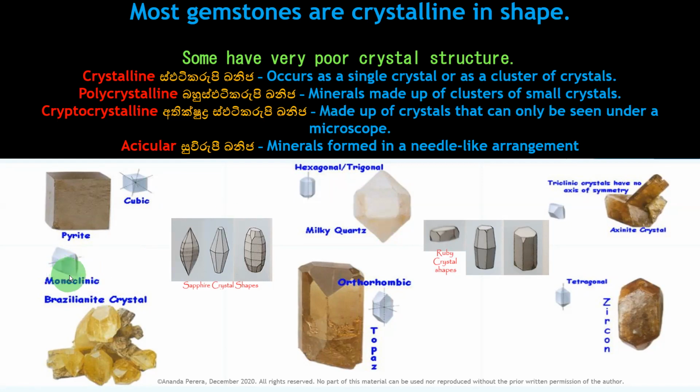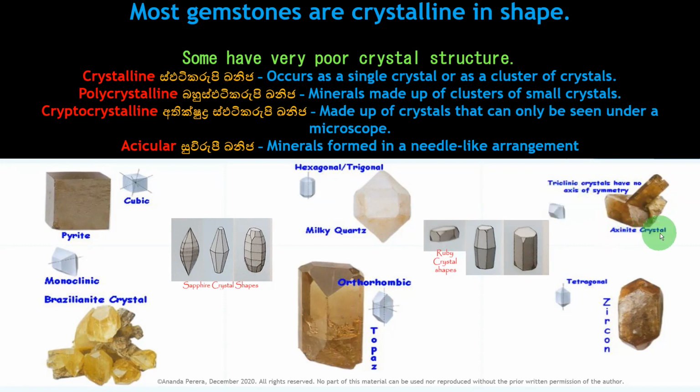This is monoclinic shape. Brazilianite crystals have monoclinic shapes. The symmetrical axis is here. Symmetrical axis mentioned here. And come here. Triclinic crystals have no axis of symmetry. This is the shape.